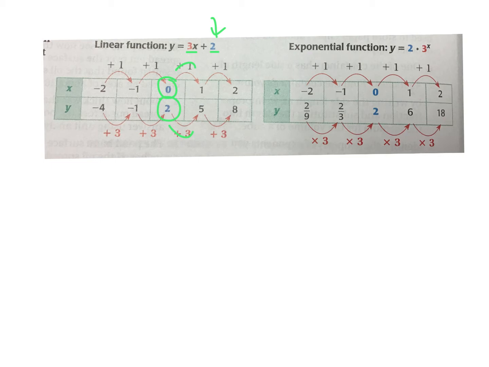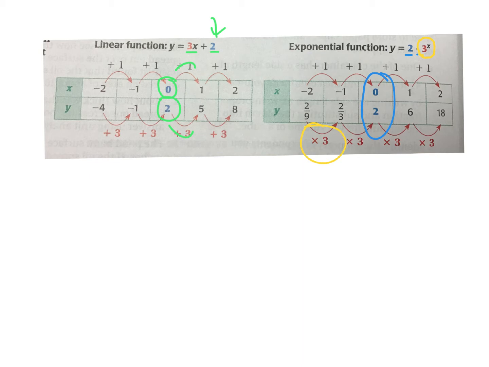With an exponential function, you have your y-intercept still at (0, 2). But you see the main difference is, instead of the slope being plus 3 over 1, it's times 3, because of the exponent.